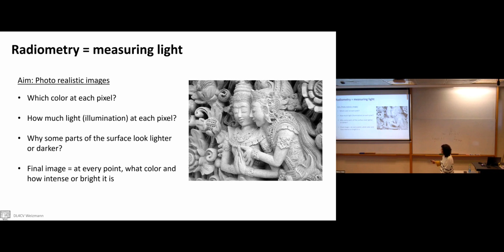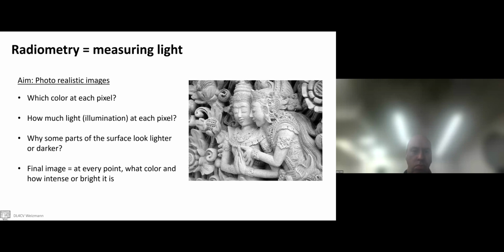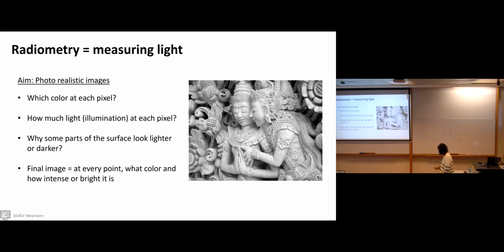In a minute, we are going to answer why some parts here look darker than here. Any idea? It's not a shadow, it's related. Any idea why this is darker than this, and this is darker than this? The angle.